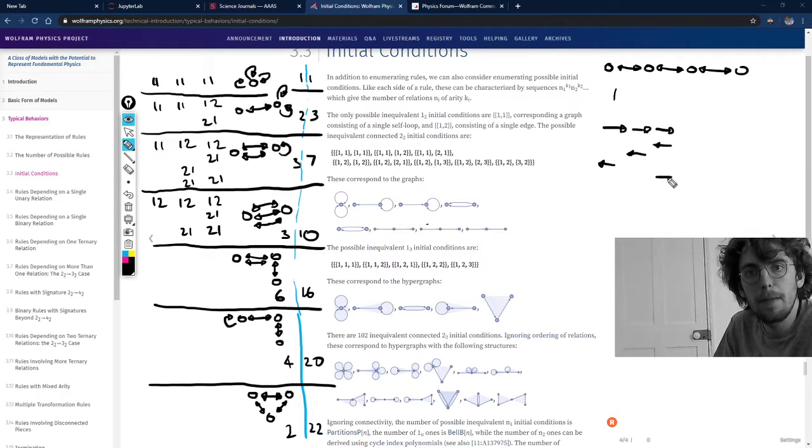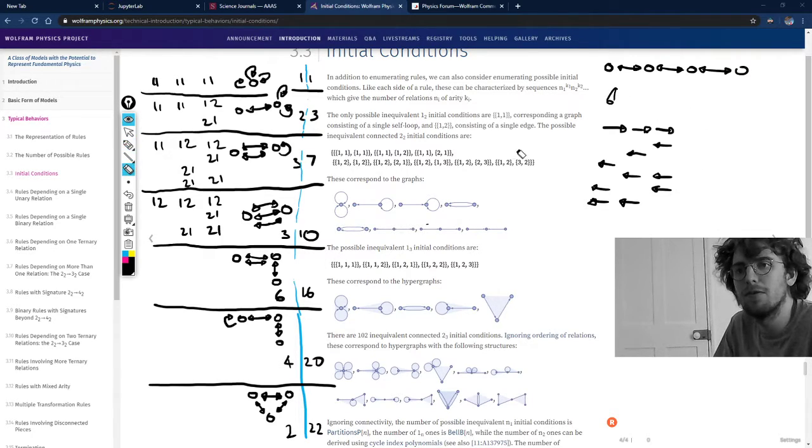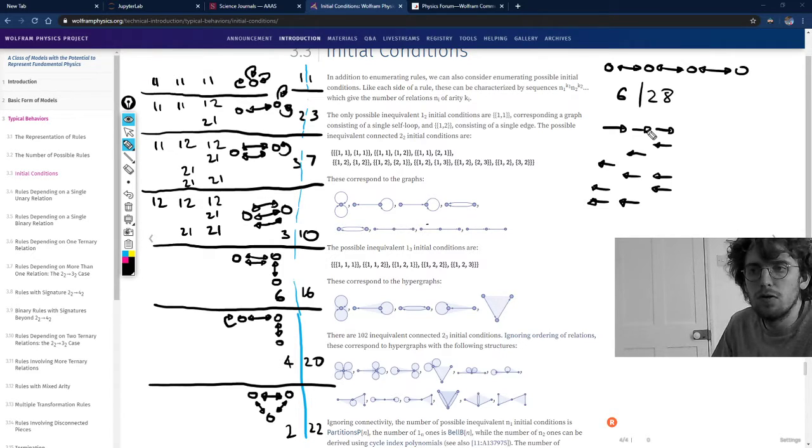There's 1, 2, 3. So it looks like another 6, bringing us to 28. We're 8 too low.